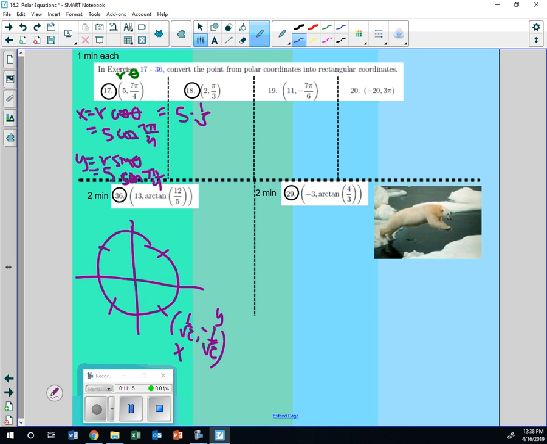X, 1 over root of 2, and then this one's going to be 5 times negative 1 over root of 2. So the coordinate for number 17 is going to be 5 over root of 2, comma, negative 5 over root of 2. This is the rectangular form. You try 18. 18 should go great.